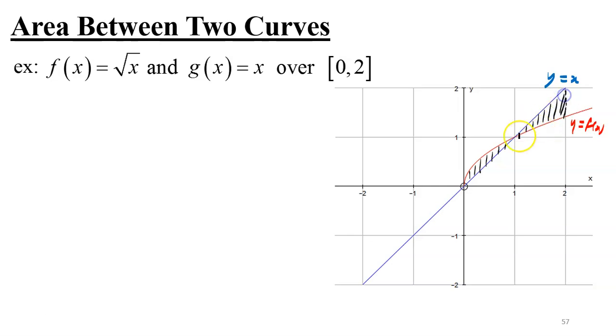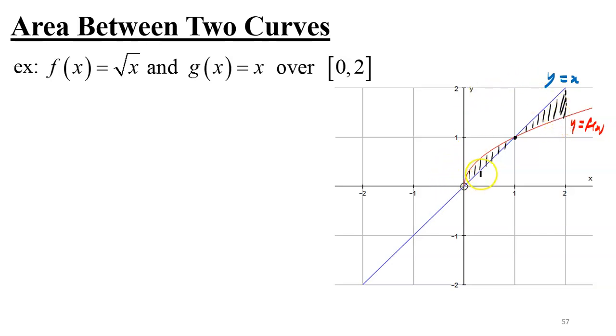So this is the area that is enclosed between the two curves. You can see here that between 0 and 1, we have the curve of f to be above the curve of g, while between 1 and 2, we have the curve of g to be above the curve of f.